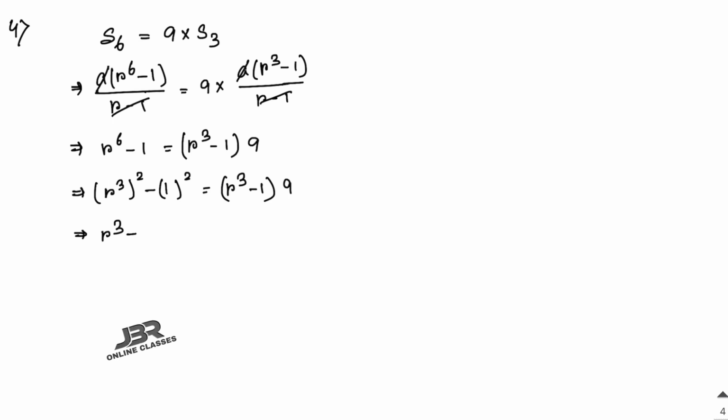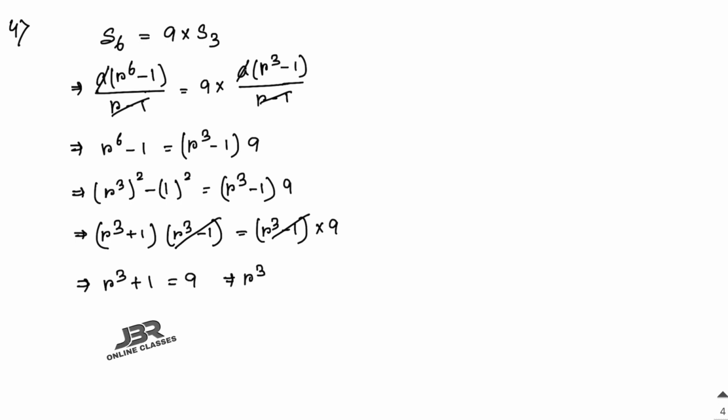So it will be r cube plus 1 and r cube minus 1 equals r cube minus 1 into 9. So r cube minus 1 cancels out. So r cube plus 1 equals 9. Then r cube equals 8. So that implies r equals 2 as your answer.